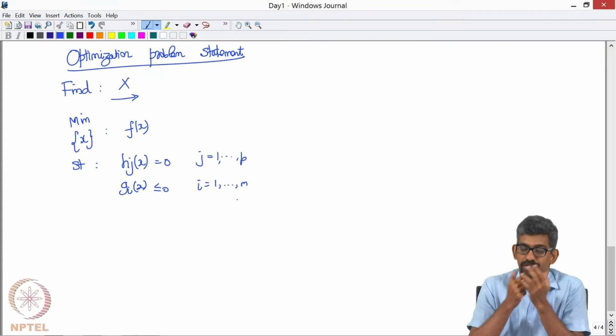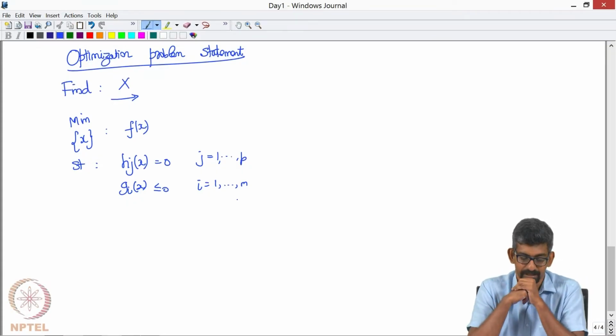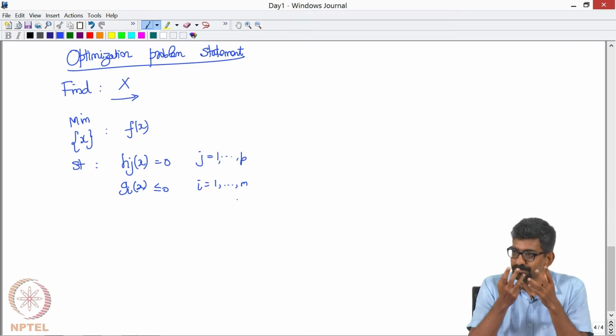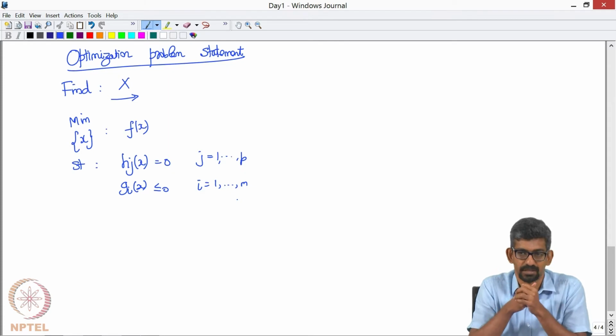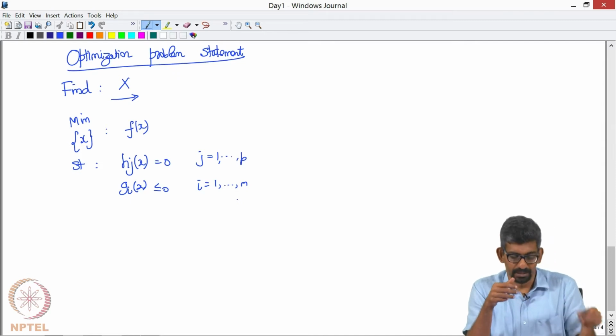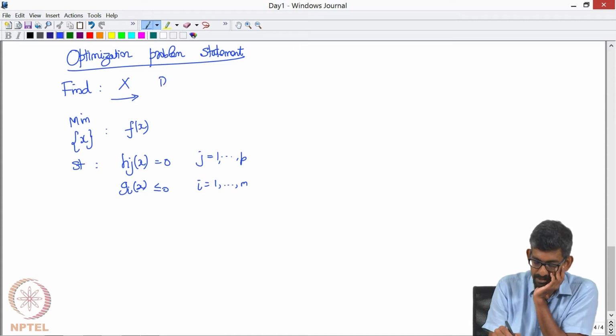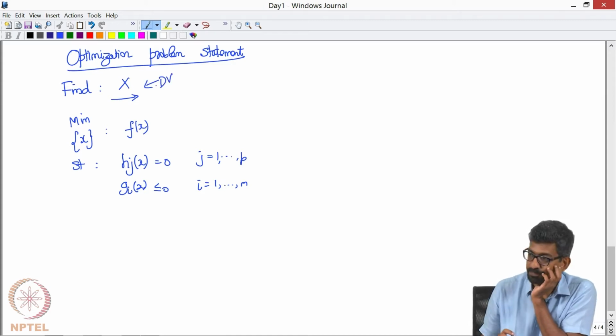Okay. So, we step back and then we take a look at a general optimization problem statement. Whatever we saw a few minutes ago was a subset of this. Any problem statement can be written like this. I want to find, for instance, x, which is nothing but your design variables that we have been talking about.